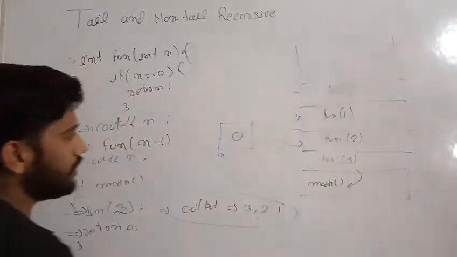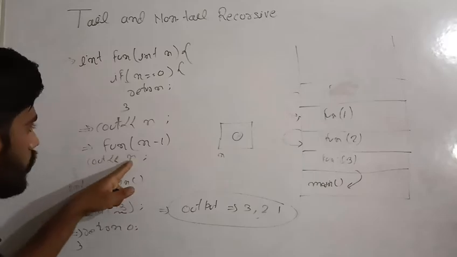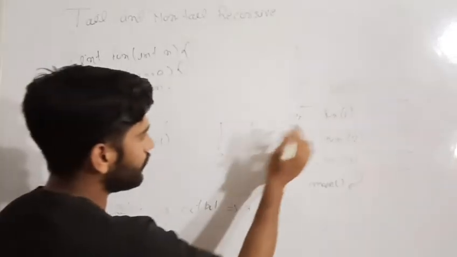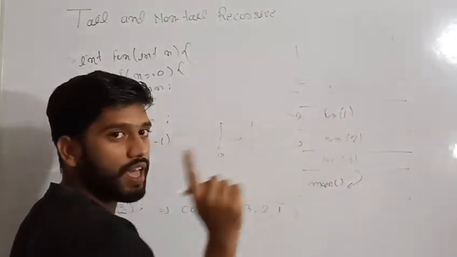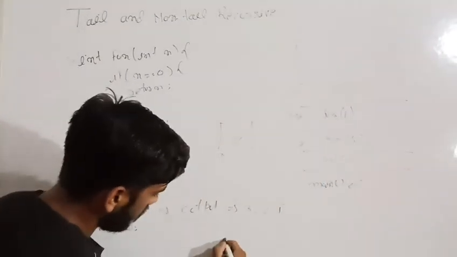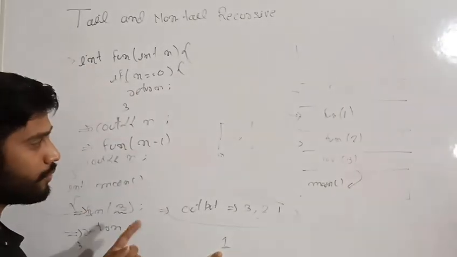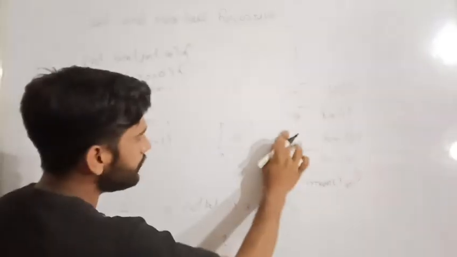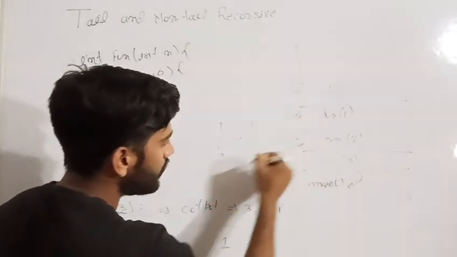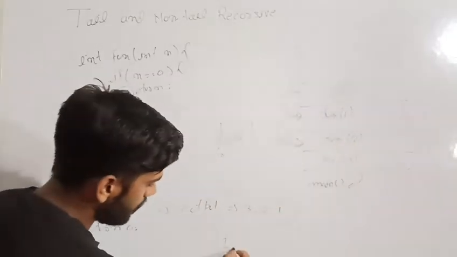Now when the controller returns here, n is 1, so n will be printed, 1 will be printed. Again it will return, and here n is equal to 2.